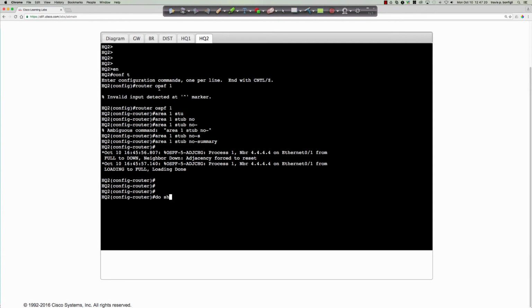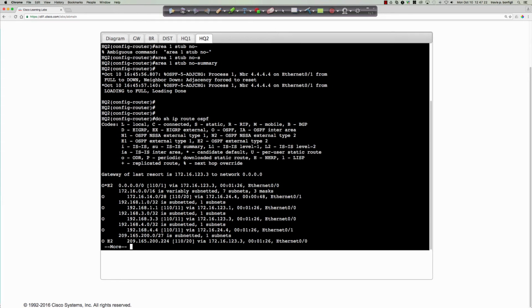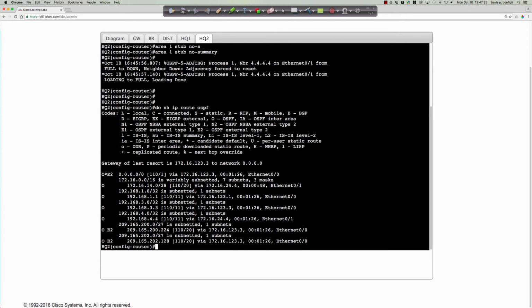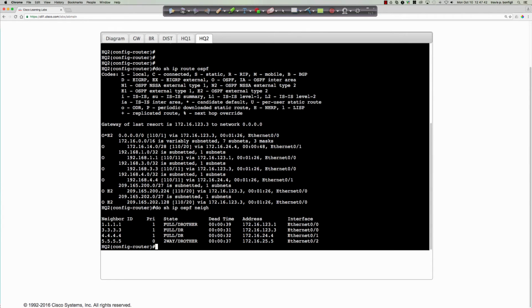Do show IP route OSPF. Okay, so we are picking up the OE2 default, and I've got the intra-area information here, but do we have, we're not picking up do show IP OSPF neighbor.